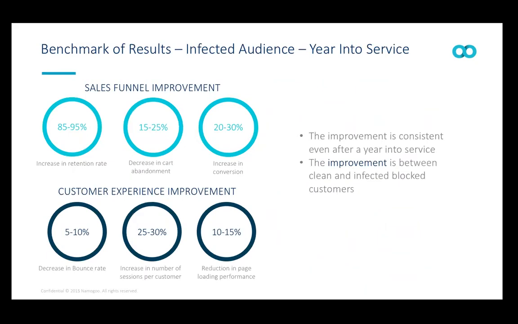When we look at the benchmark of existing customers a year into service, we are seeing that those infected customers that we blocked injections for and whose experience we improved continue to provide improvement to the e-commerce website, including improvement in sales funnels with increasing retention rate.